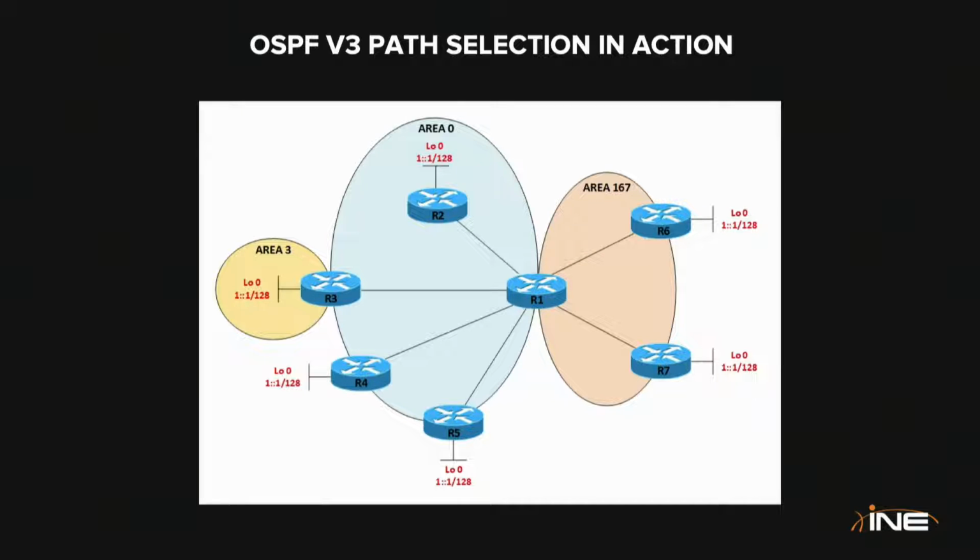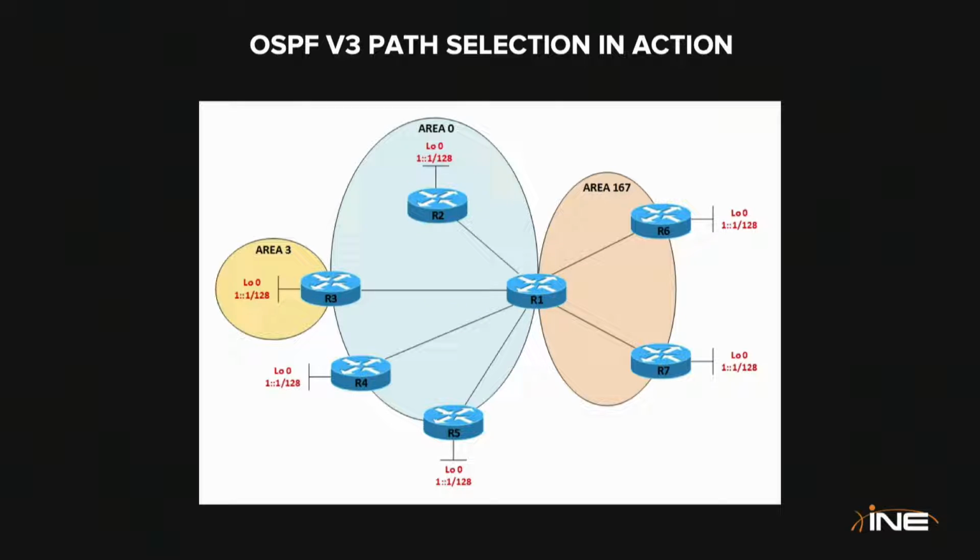R3 is advertising the same prefix as an inter-area route. R4 is advertising the same prefix as an external route, E1. R5 is advertising the same route as E2. Area 167 has been configured as not-so-stubby, so R6 is redistributing that route as an N1 and R7 is sending it as N2.